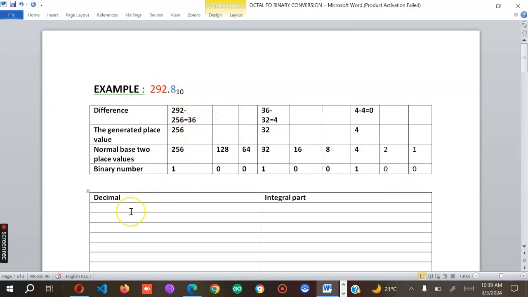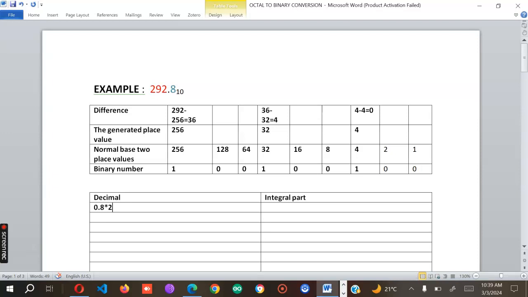Okay, let's move now to the fractional part using the same method, that is the place value method. For this one, you only pick the fractional part. And the fractional part, we have the first number, which is 0.8. Then you multiply by 2.